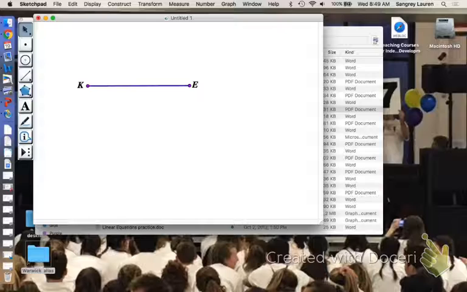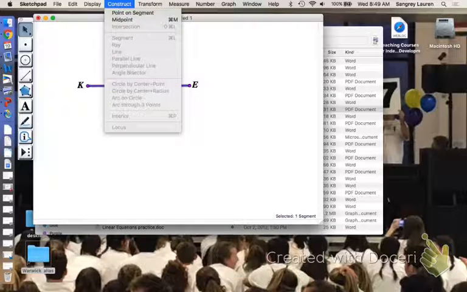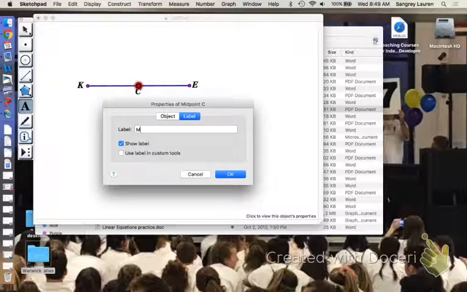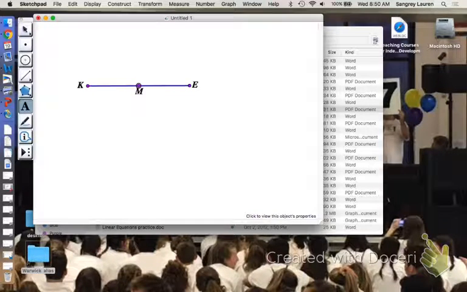All right. Now I'm going up to the arrow tool, and I'm going to click in the white so that nothing's highlighted right now because I just want to click on my segment. I'm going to go construct midpoint. I'm going to label it M for midpoint. Now I'm going to construct the perpendicular bisector.